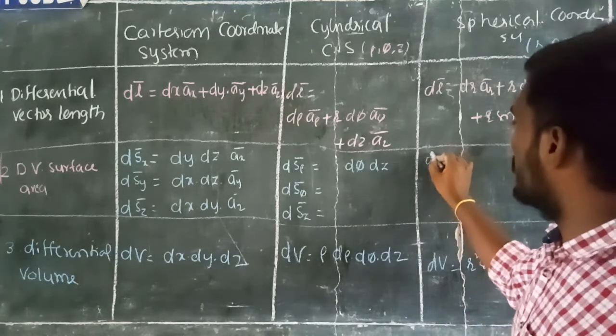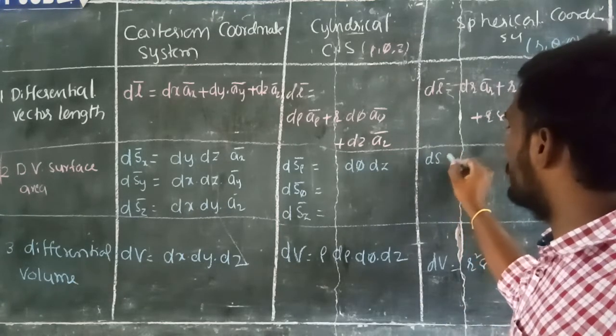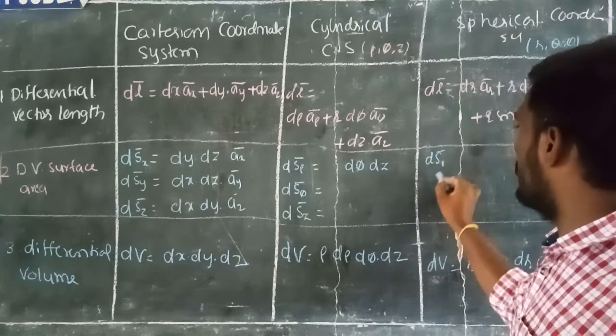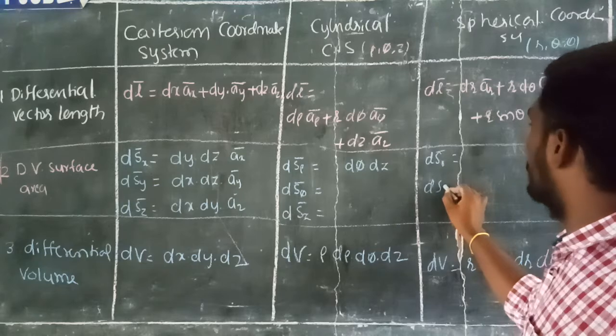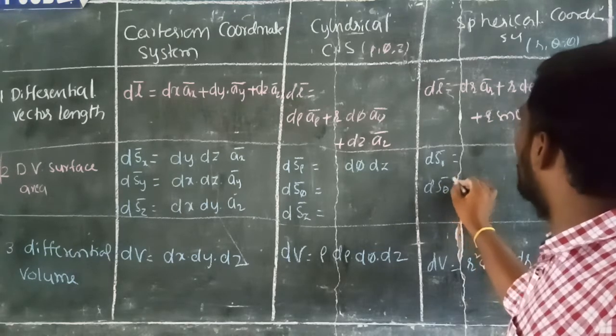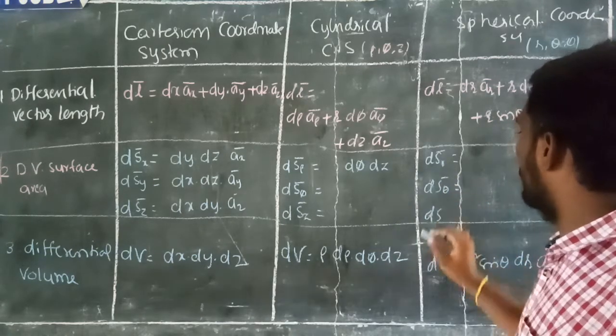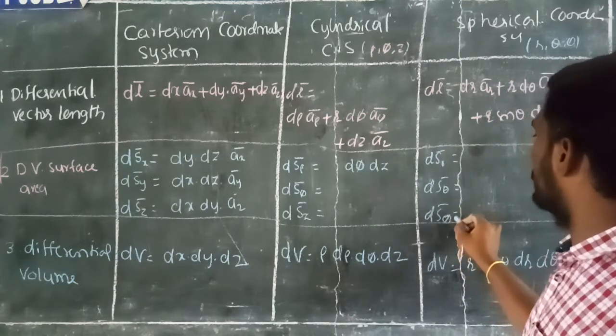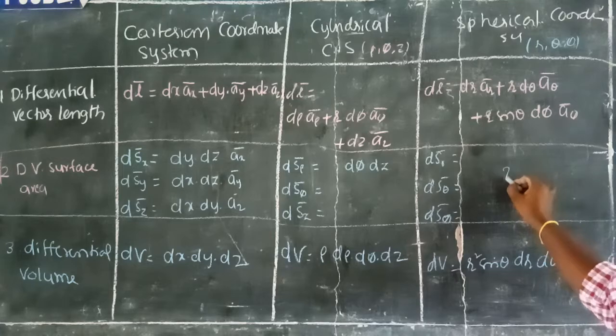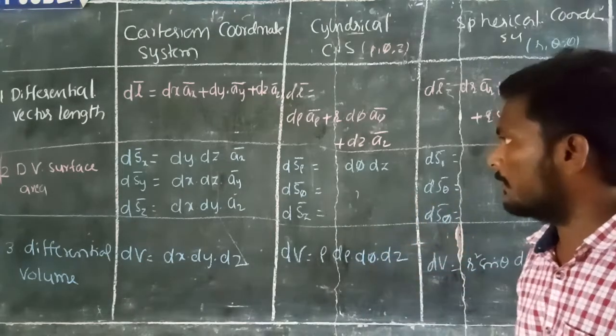So what are the differential vector surfaces here? The differential vector surface areas are ds r bar, ds theta bar and ds phi bar. You can write them by observing the last classes.